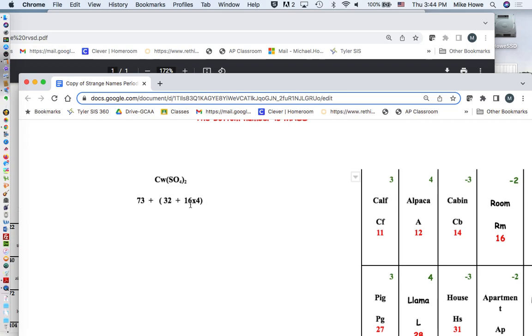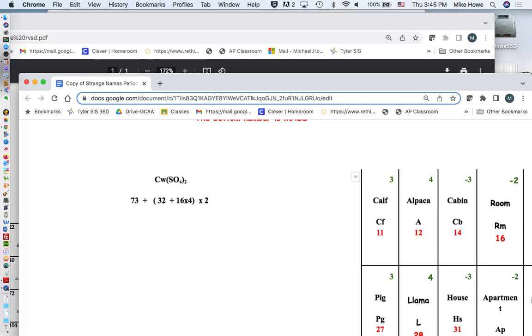And whatever is inside the parentheses, that's 32 plus 16 times 4. Whatever's there has to be multiplied by the number outside. So I'm going to multiply by 2. So 32 plus 16 times 4, and then multiply that answer by 2.